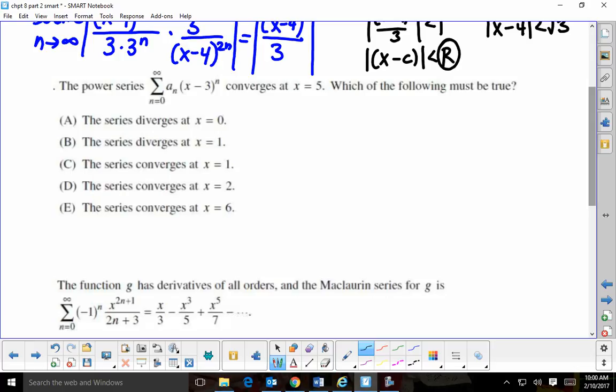Trying to see if you understand some concepts here. That's why they gave you a series so general.